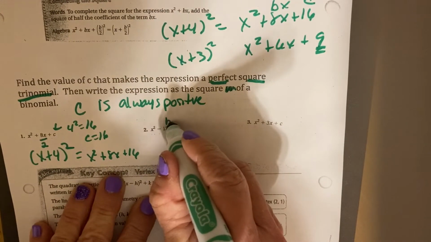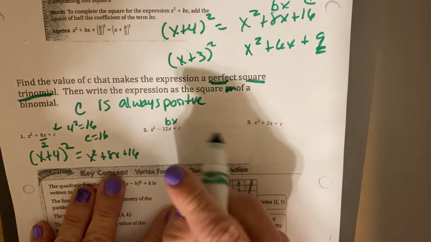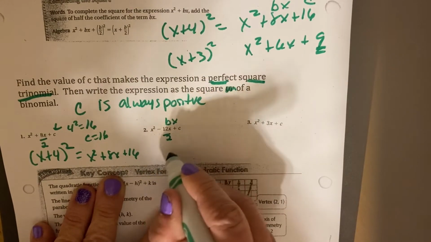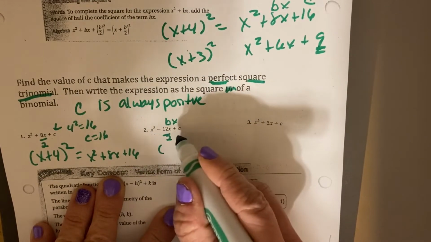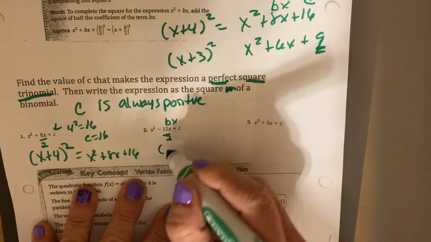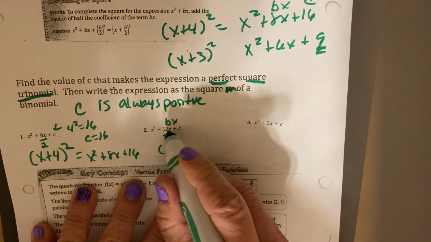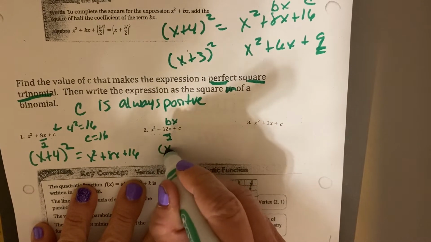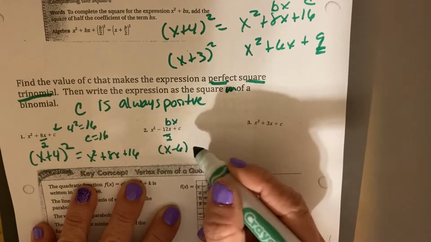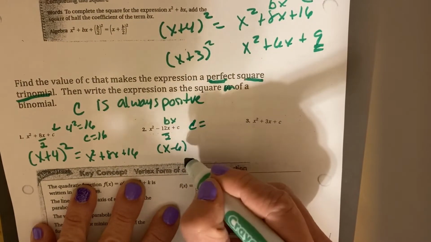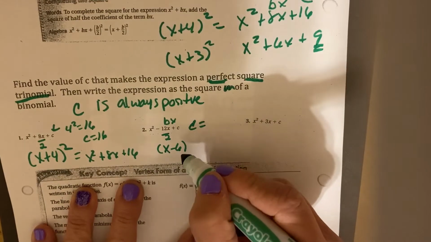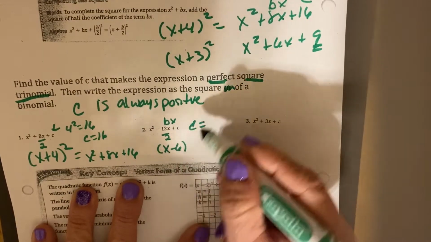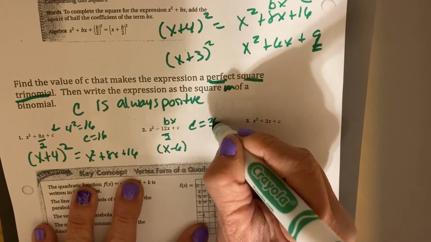So this is my b value right here. What we're going to do is divide this by 2. To write this as the square binomial, we take negative 12 divided by 2. This becomes a negative 6. And if I want to find my c value, I'm going to take a negative 6 times a negative 6, and that is going to give me a positive 36.